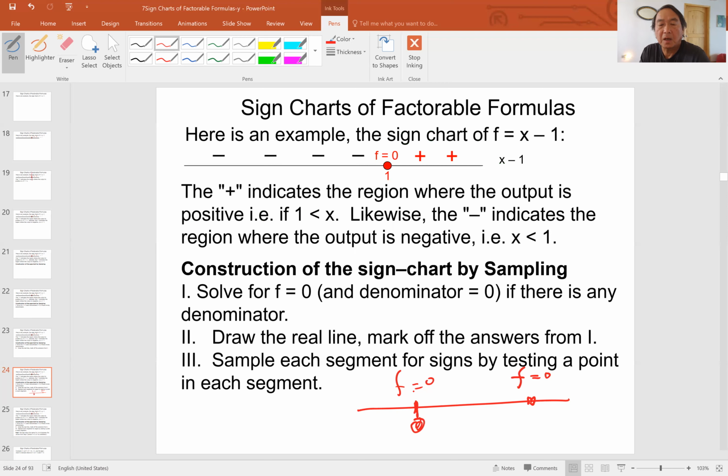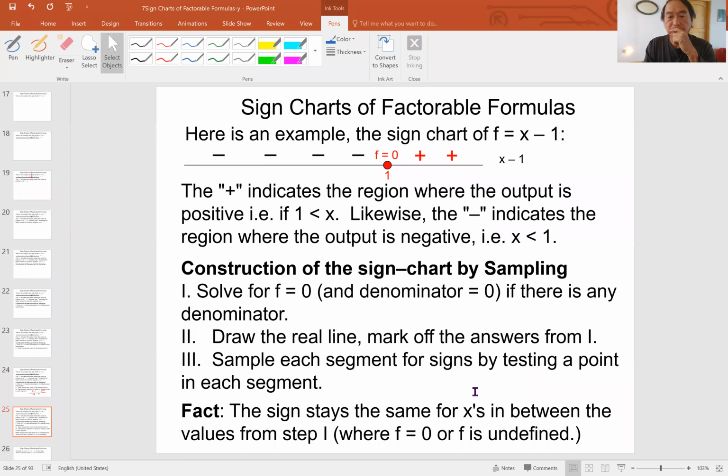We assume everything in between two zeros has the same sign. This fact is true for all the factorable formulas that we are going to look at.